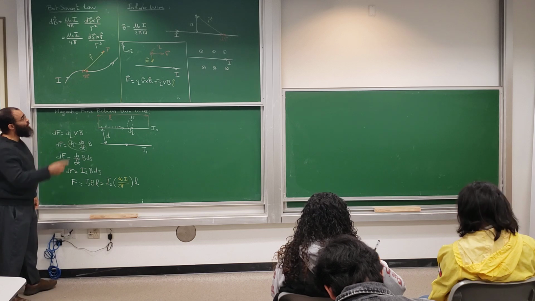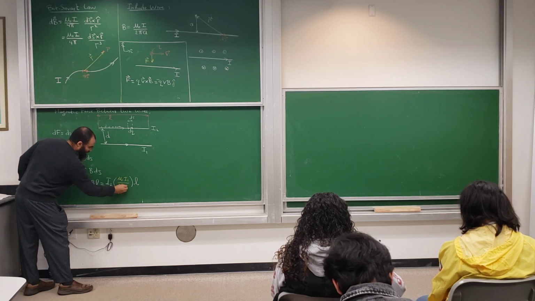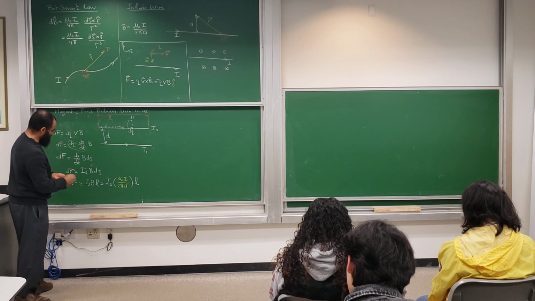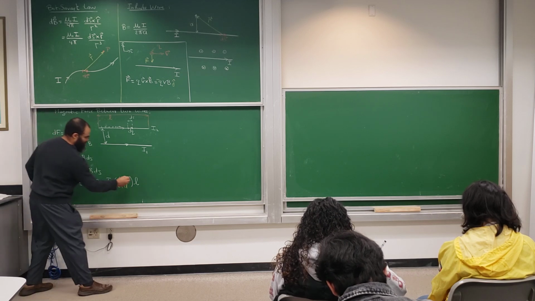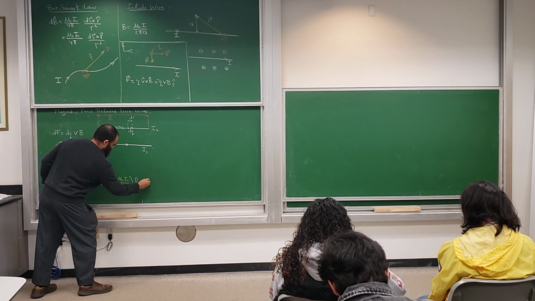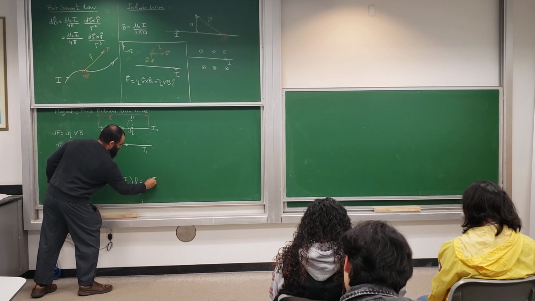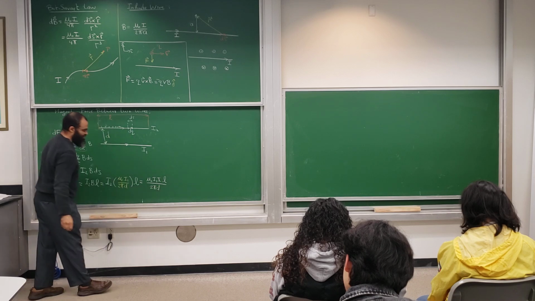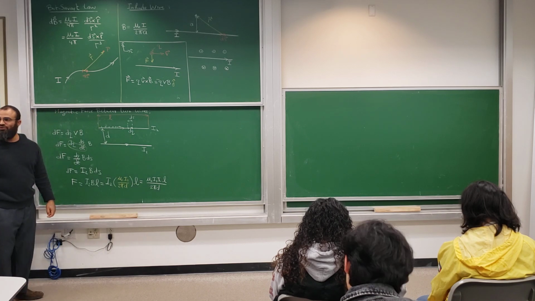Over there we call it a, here I call it d. Let's clean this up. Mu naught I1 times I2 times L over 2 pi d. This is the force between the two wires.